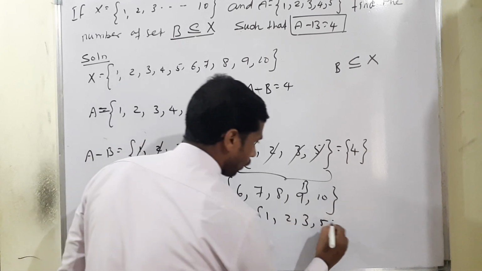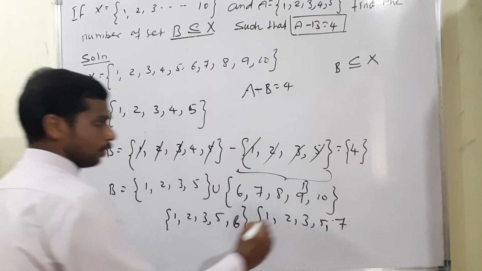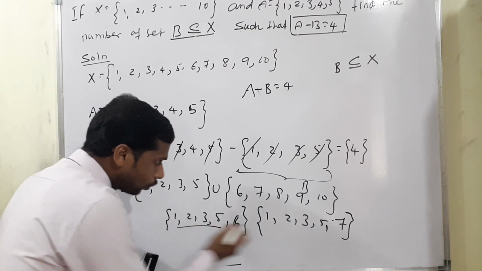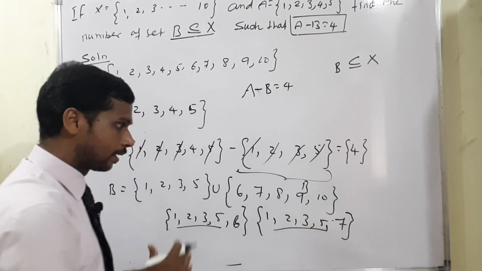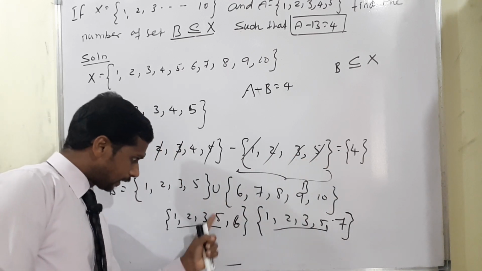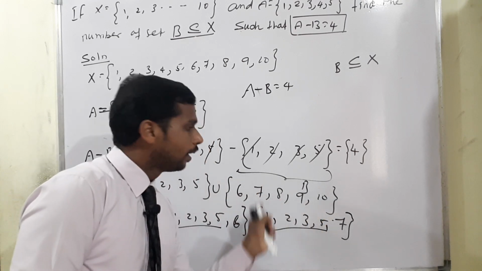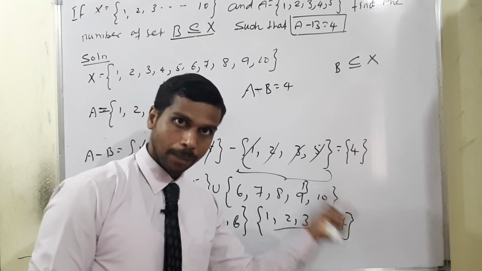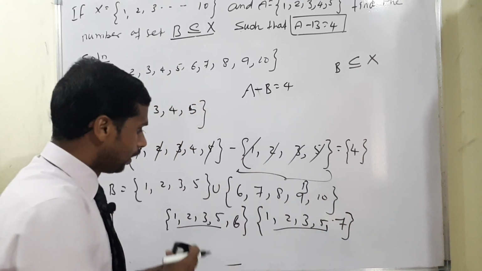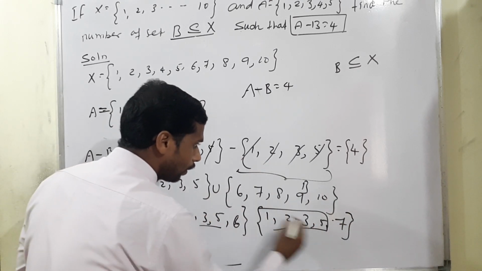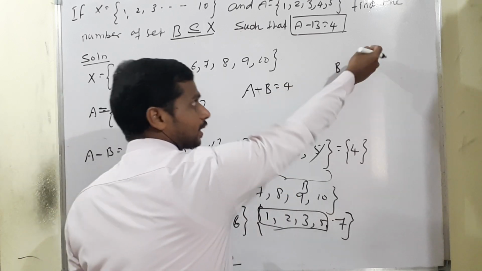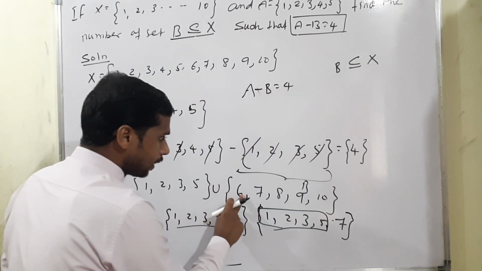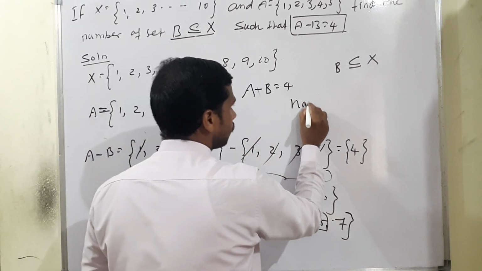So single means definitely 1, 2, 3, 5 common in each and every set, including first 6, then 7, then 8, then 9, then 10, each a separate number. But what I am saying is, each and every set has 1, 2, 3, 5 common, because B is one of the subsets in X. So definitely we can say the number of sets, what is the formula?